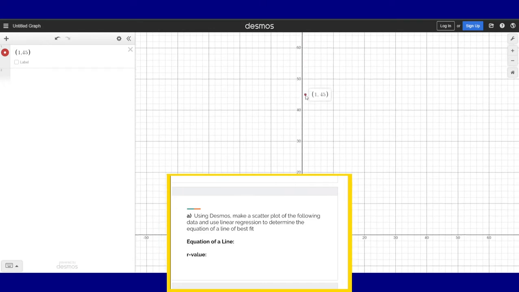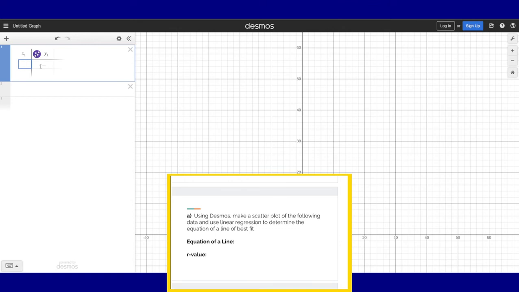So I see that one value here. I'm not going to do this for every single point because this won't allow me to create my linear regression. I want to create a table. So I want to enter, go plus, table. Now I want to enter my x value and the y value.